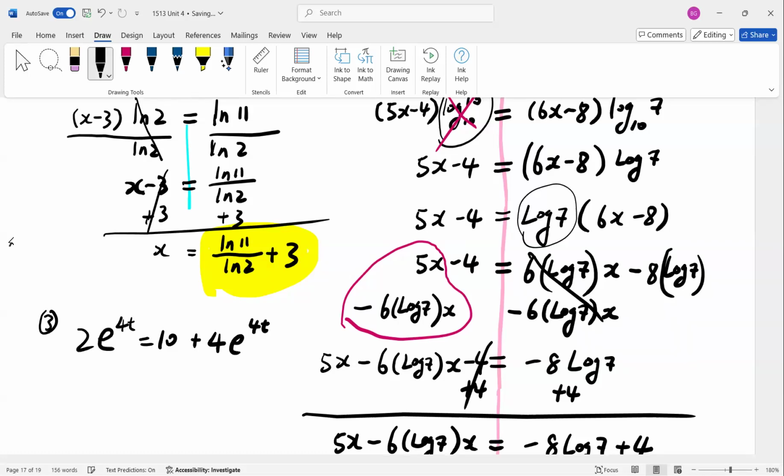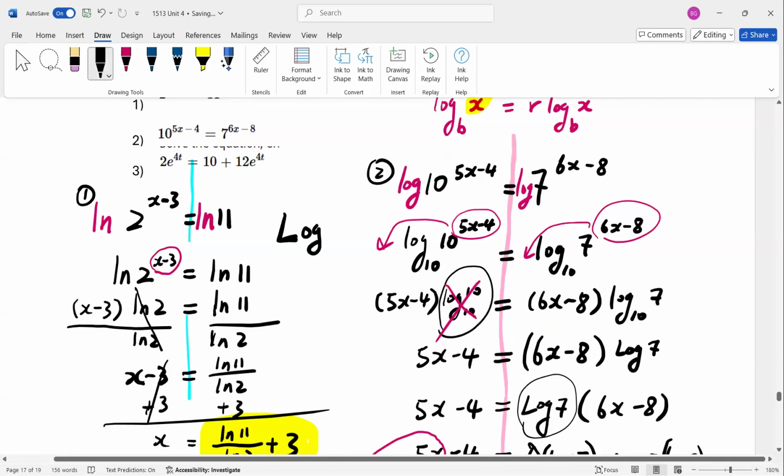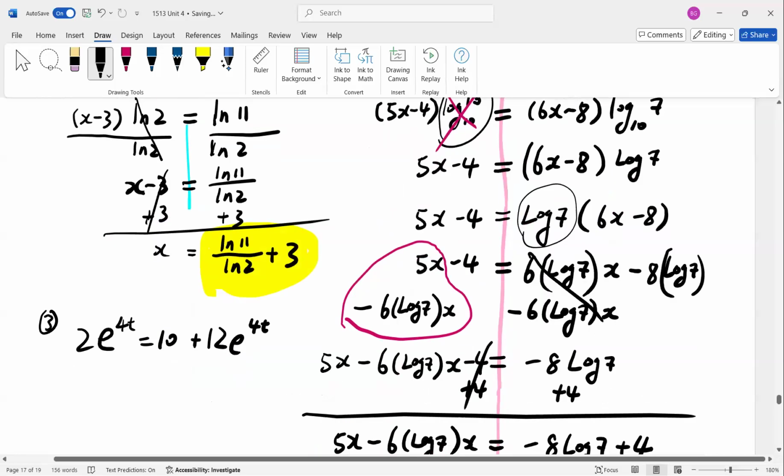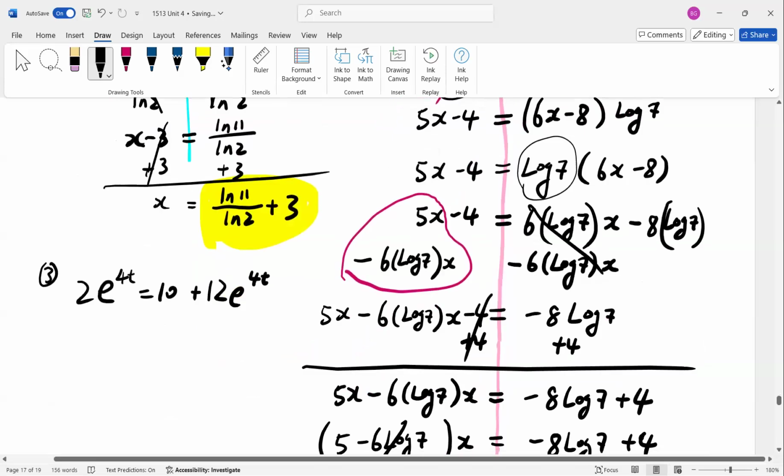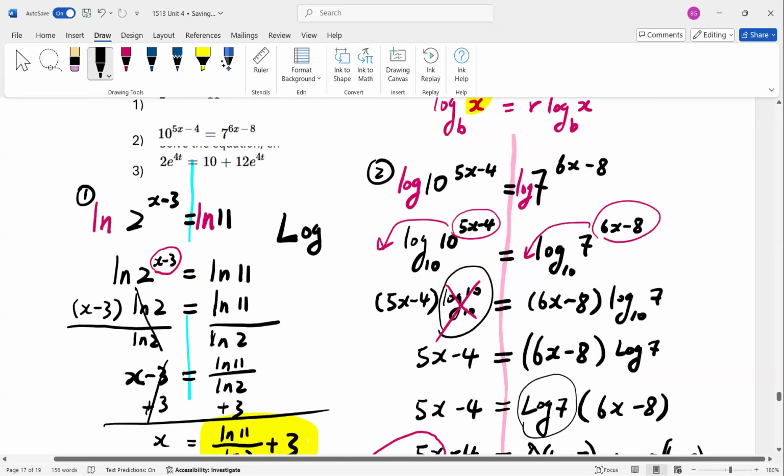See if I copy anything wrong. 12, not 4. Double check. 2 times e to the power 4t. That's the left side. Right side, 2 terms, 10 plus 12 times e to the power 4t.